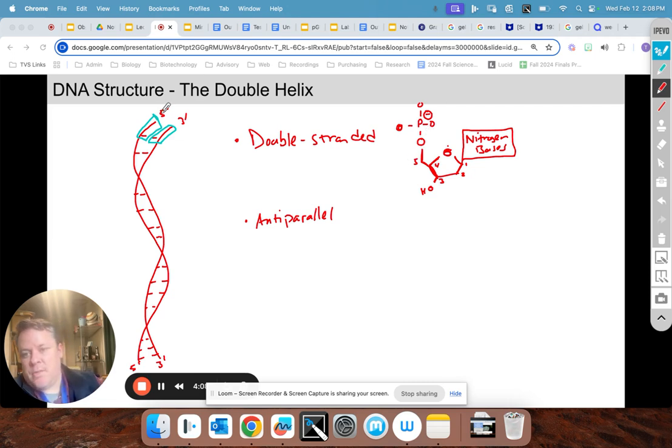So on this side over here, that's the side with the phosphate pointing up. And on this side over here, on the complementary anti-parallel strand, that's the side with the oxygen and the hydrogen off of the sugar pointing up, at least in our picture right here. So they point in opposite directions. So double-stranded, they're polymers of nucleotides.